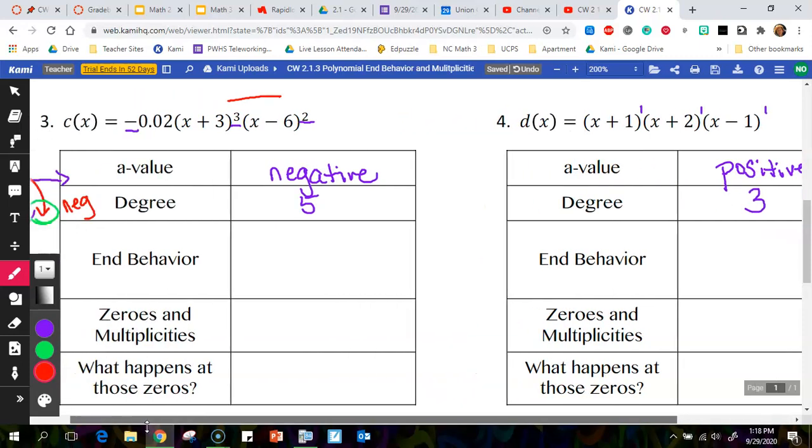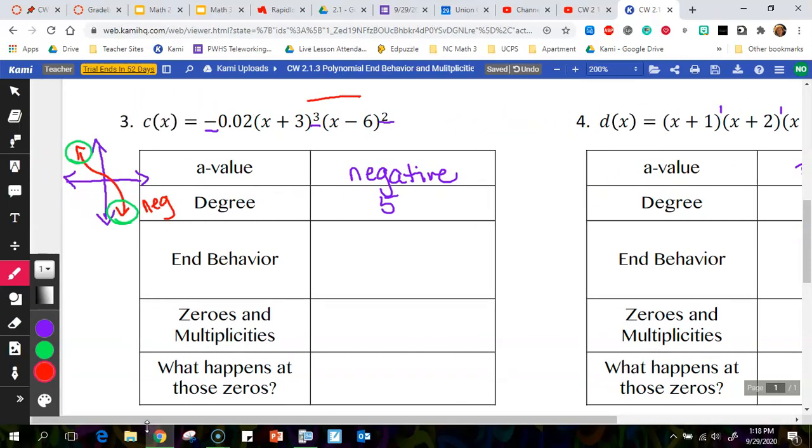Let's talk about end behavior. On this one, this arrow over here is moving up and to the left. So that's positive, negative. This one is moving down and to the right. So that is negative, positive. All right, so y approaches positive infinity as x approaches negative infinity on the left side.